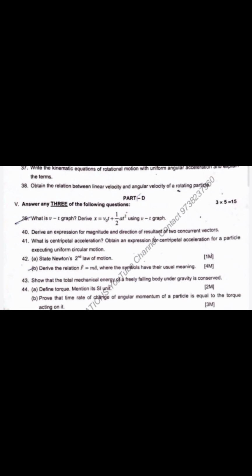Derive the relation F vector is equals to ma vector. Show that the total mechanical energy of a freely falling body under gravity is conserved. Define torque, mention its SI unit. Prove that time rate of change of angular momentum of a particle is equals to the torque acting on it.